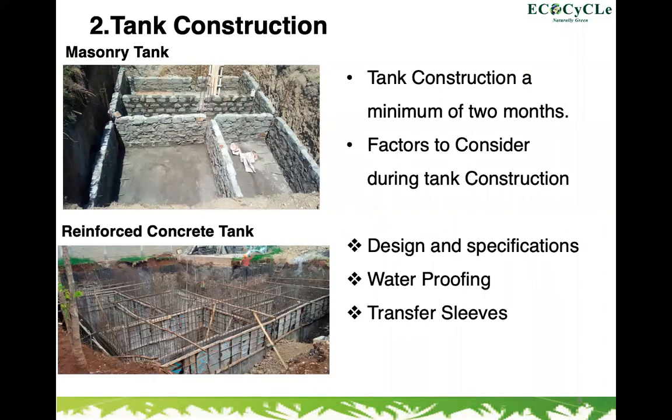So this is why we do waterproofing to avoid the sewage seeping out from the tank and mixing with the groundwater, and also to avoid the groundwater moving into the tank. So we have to ensure very good waterproofing. And then the transfer sleeves, the ones that we use to mount on the airlift to be able to transfer, also have to follow the design and the specifications given.